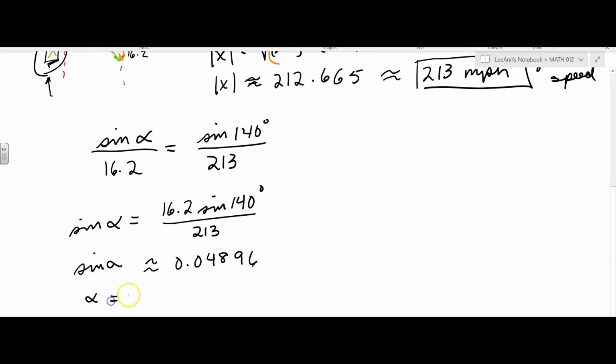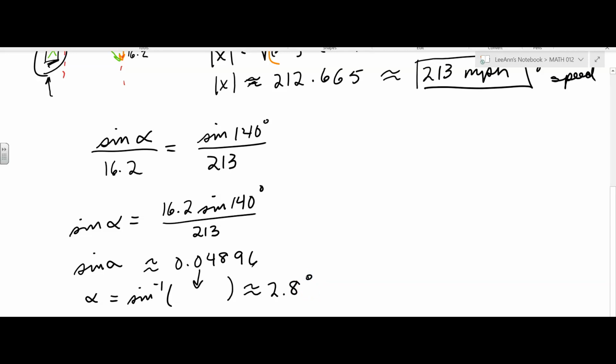So alpha would be inverse sine of whatever that number is. This is without rounding off, but I know a lot of times they round off. I get 2.81, so 2.8 degrees. So we'll leave it at that.